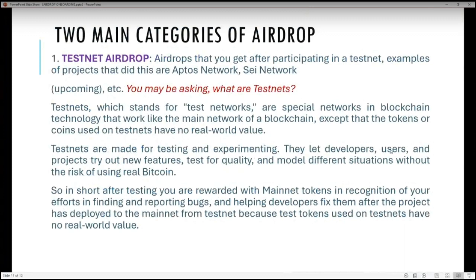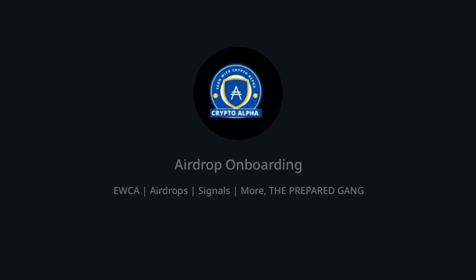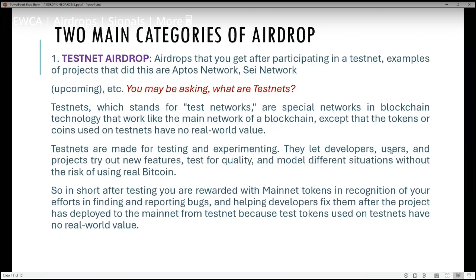They let developers, users, and projects try out new features, test for quality, and model different situations without the risk of using real Bitcoin or real currencies. In short, after testing, you are rewarded with tokens in recognition of your effort in finding and reporting bugs and helping developers fix them, after the project has moved from testnet to mainnet, because test tokens used on testnet have no real value.